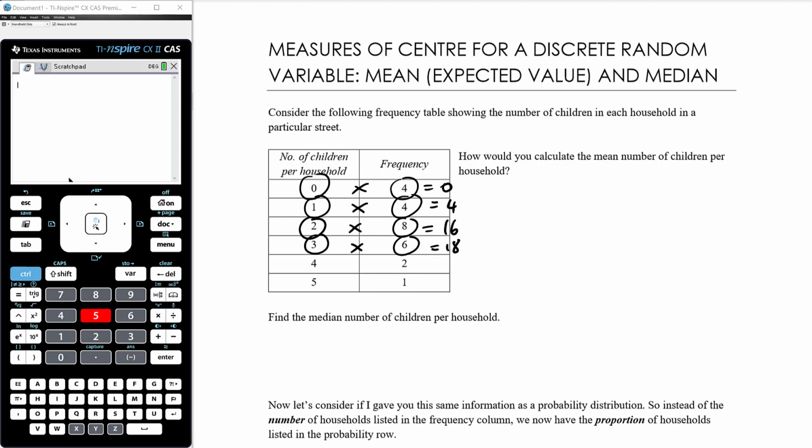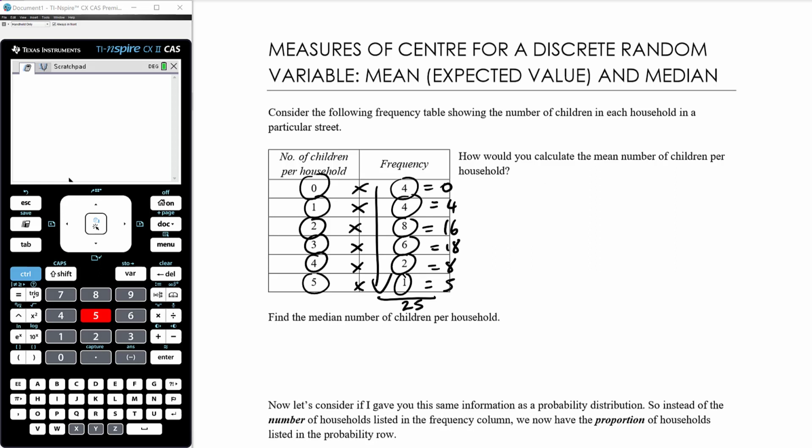Sorry, in those 6 households. There are 2 households with 4 children, so that's 8 children in those 2 households in total. And then 1 household with 5 children. So we do the frequency multiplied by the data value. Then to work out the number of households, we would add up the whole column: 4, 8, 16, 22, 24, 25 households.